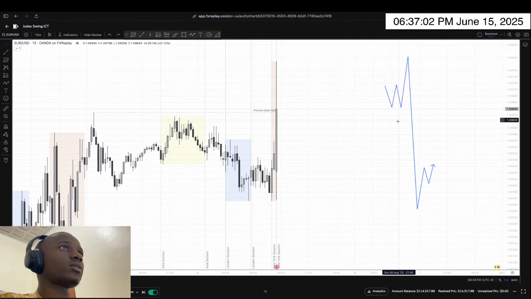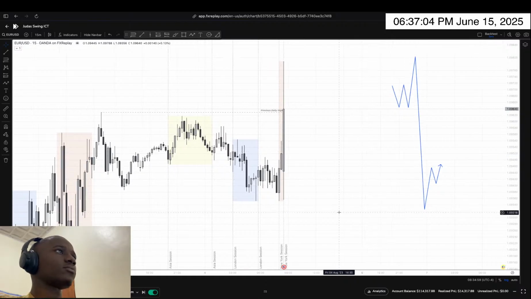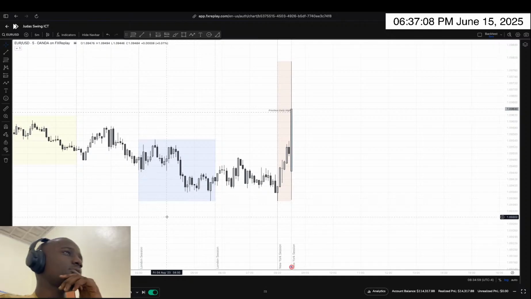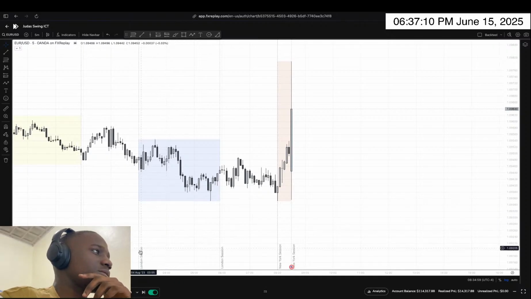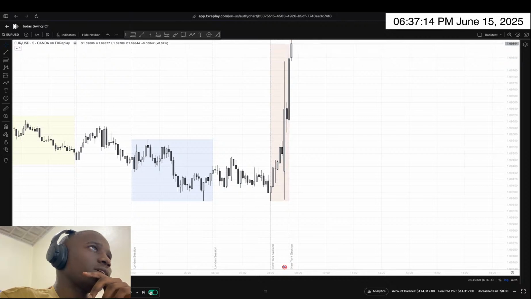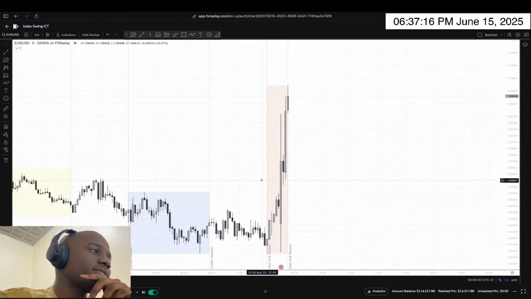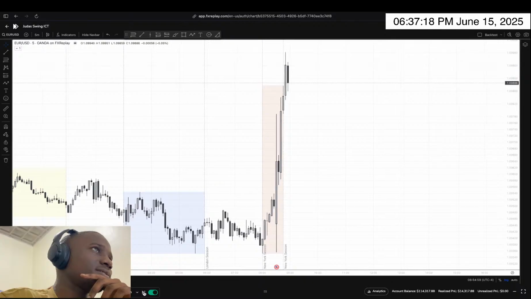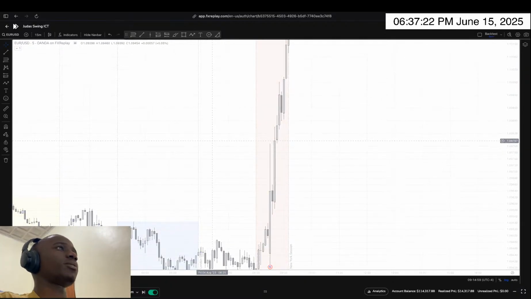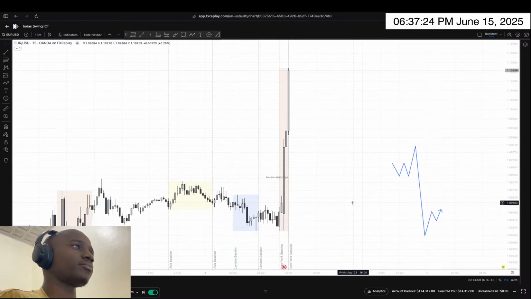Okay, now let's see what happens later on in the day, because this is when your session has just started. So it continues to push higher, creates a fair value gap inside there. Doesn't get any good retracement, but it continues to push higher.